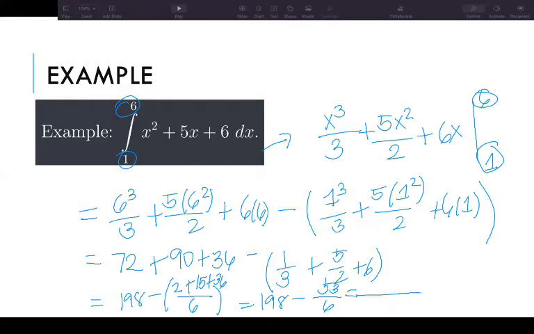Then, subtracting, we get 198 times 6 is 1188, minus 53, which is 1135 over 6. So this is the answer for our first problem.